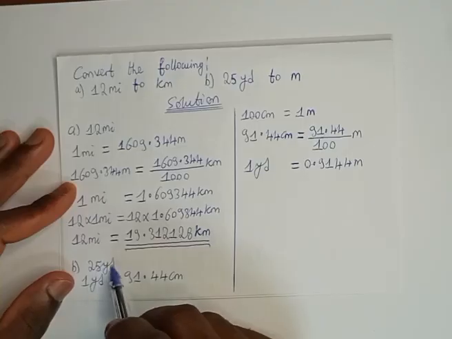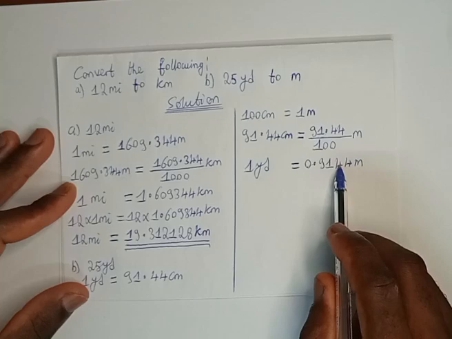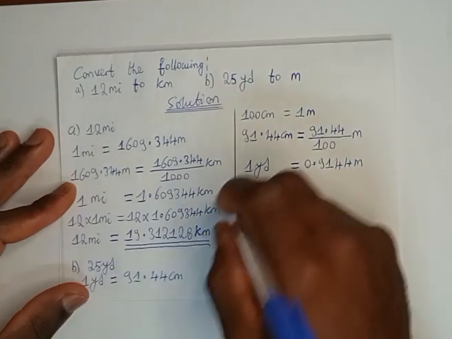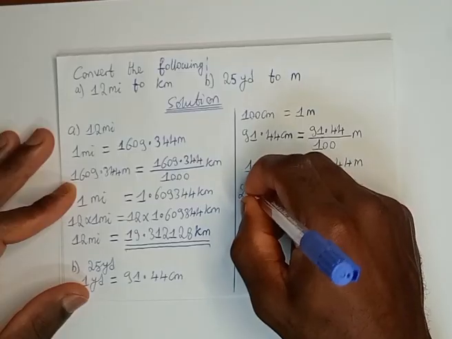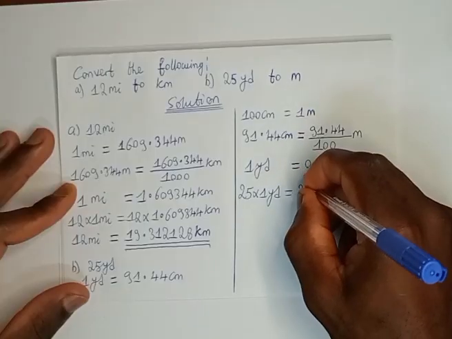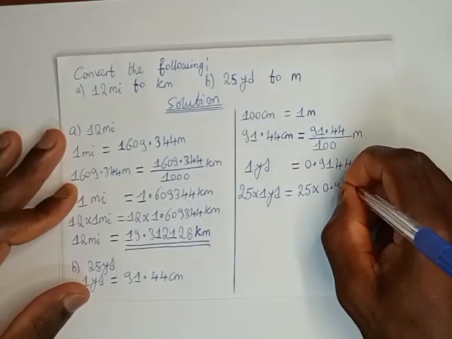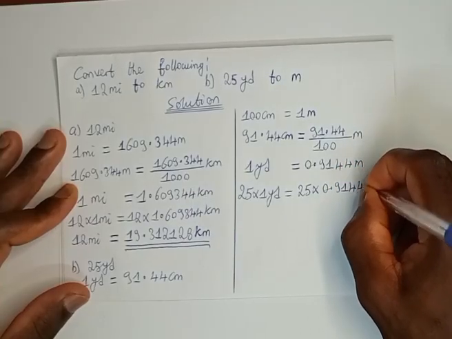We have to convert 25 yards in meters. That means we have to multiply both sides of this equation by the number 25. 25 times 1 yard will be equal to 25 times 0.9144 meters.